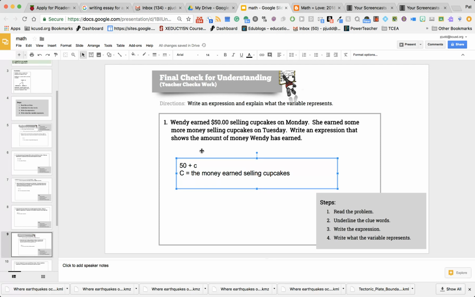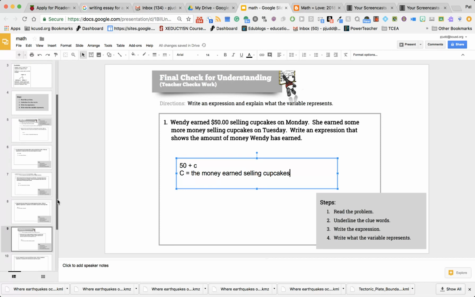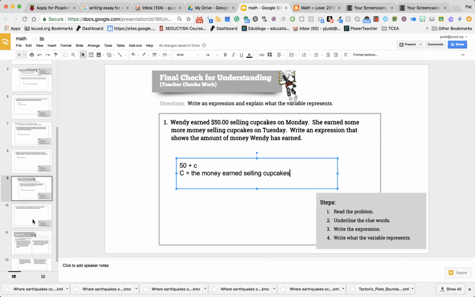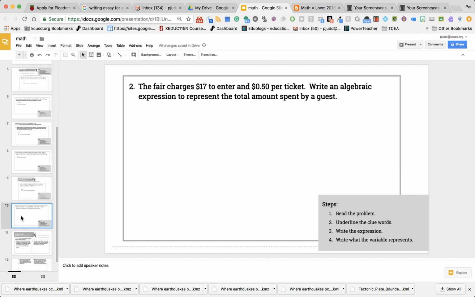It doesn't make any difference. Whatever variable you use, that's what you're going to be using to represent the amount of money. Okay? And we read the problem, we underlined the clue words, we wrote the expression, and we wrote what the variable represents.